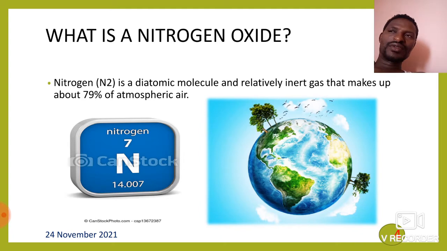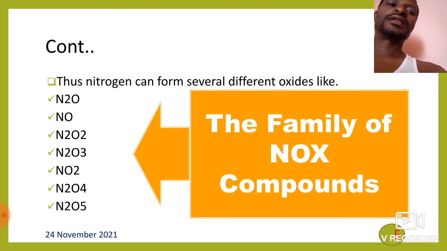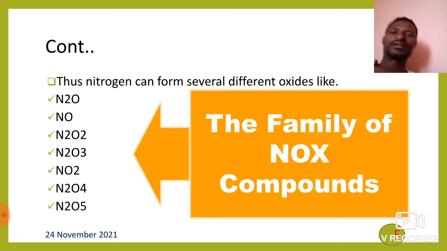Simply, when we're talking about nitrogen oxide, we're talking about nitrogen. We know that nitrogen is in earth's gas. Around 79% of atmospheric air is occupied with this compound. And this nitrogen forms nitrogen oxides, simply what we call a family of nitrogen compounds.